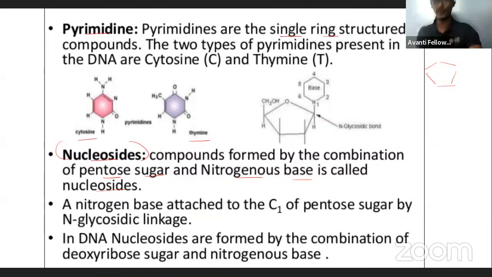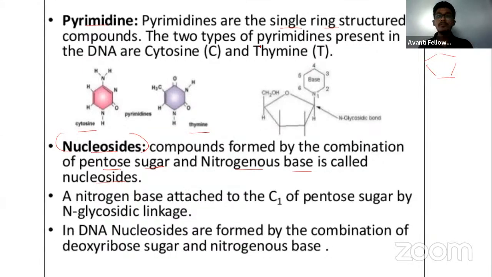Sorry, students. Okay, if I look at the structure of a pentose sugar, look here. I have five carbon atoms, right? So I can designate my carbon atoms as C1, C2, C3, C4, and then I have C5. Okay, these are my five carbon atoms. So now what will happen? Each carbon atom has a place.